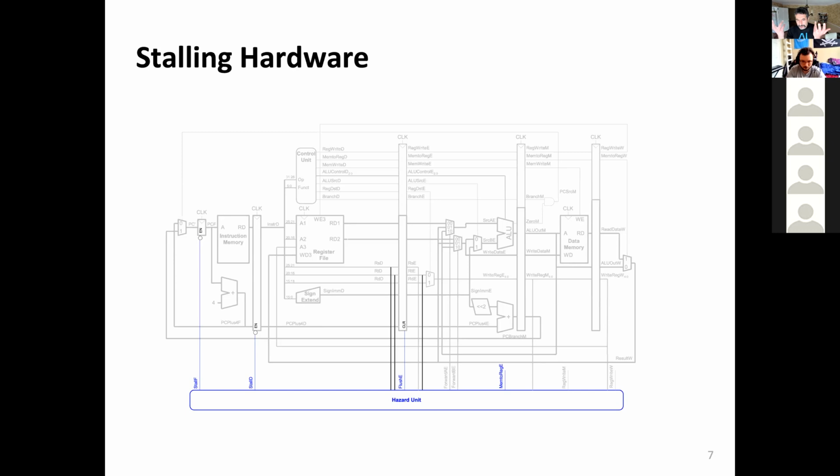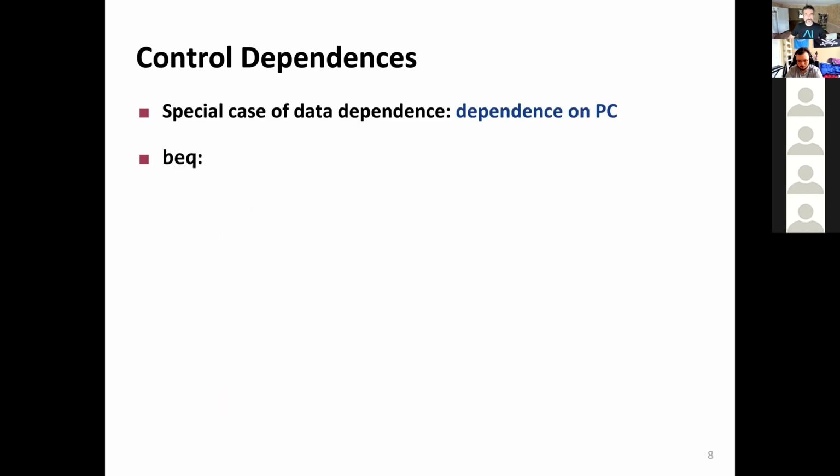In order to handle this dependency, value forwarding might help. We discussed how we do that at the hardware level. Again, value forwarding cannot handle all scenarios. We need to stall, and these are the new pipeline or microarchitecture additions that need to be added to the microarchitecture to handle this.